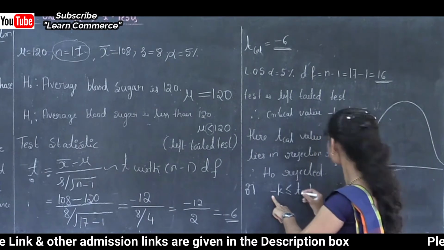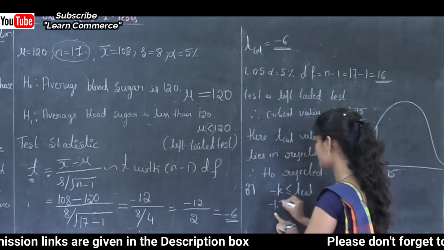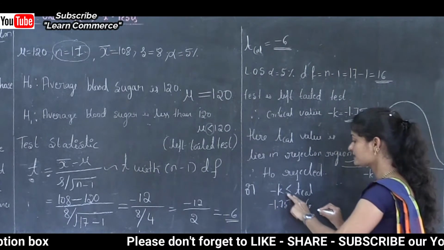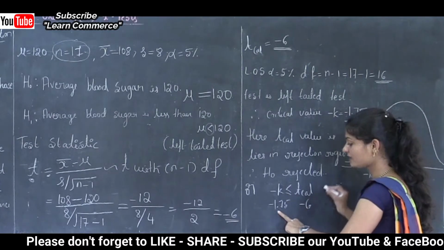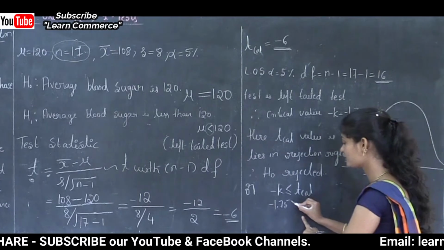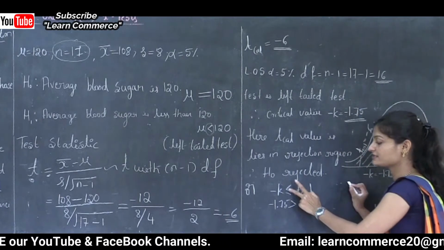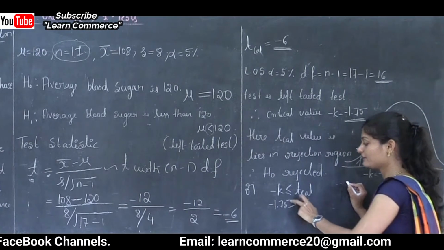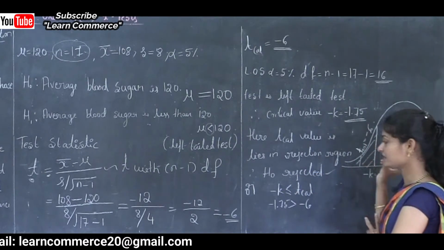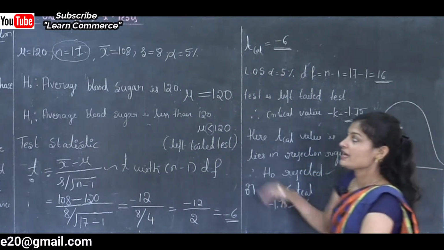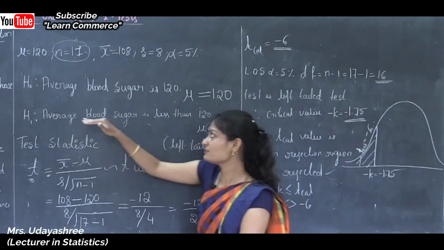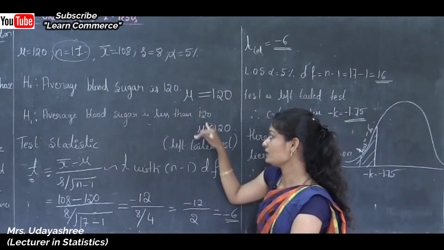Here minus k value is minus 1.75 and the calculated value is minus 6. See the sign here, minus 1.75 is greater than minus 6. So this condition is not satisfied. If the condition is not satisfied, H0 is rejected, and H1 is accepted. Then the conclusion is average blood sugar is less than 120.